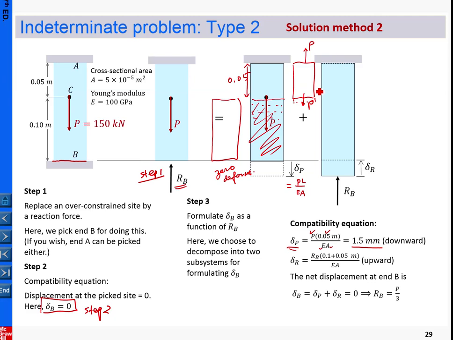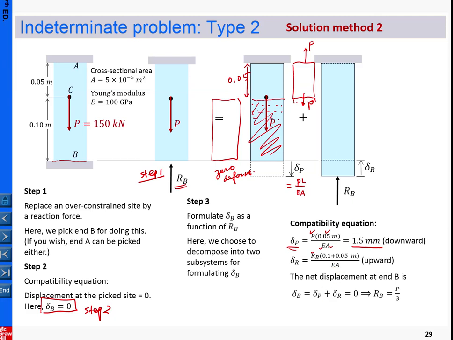Now we're looking at the second subsystem. For the second subsystem, we calculate delta R. Delta R is simply equal to PL over EA. P is the unknown loading. L is right now the whole length, 0.15, divided by EA.